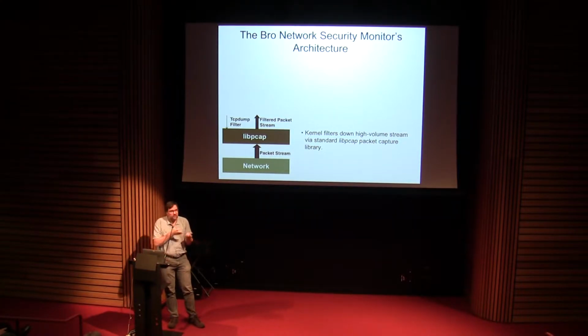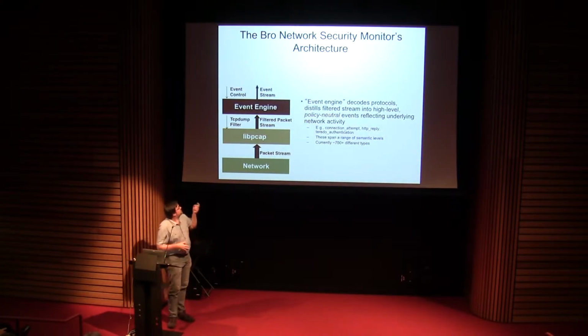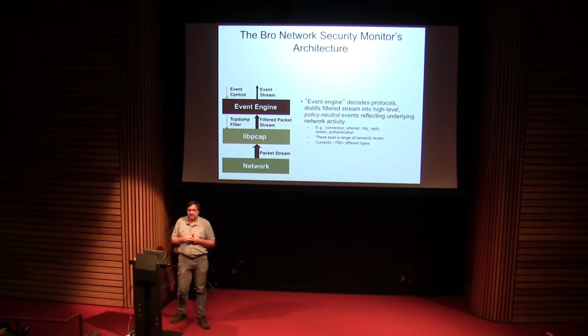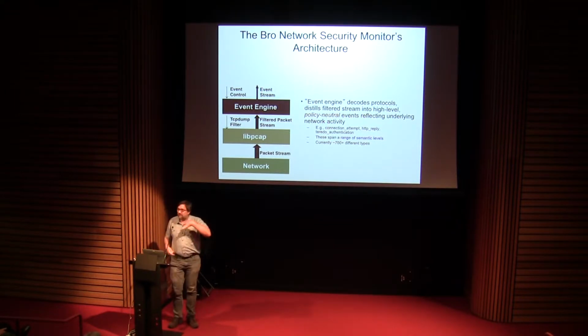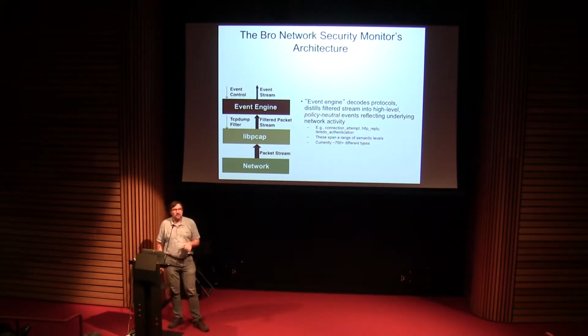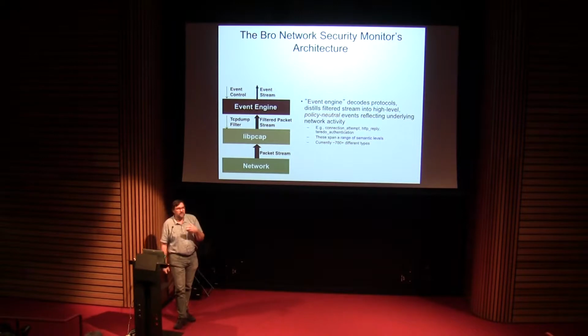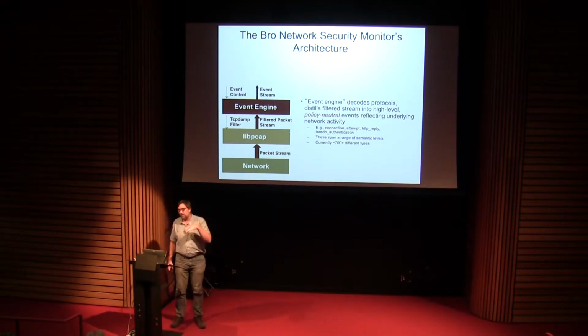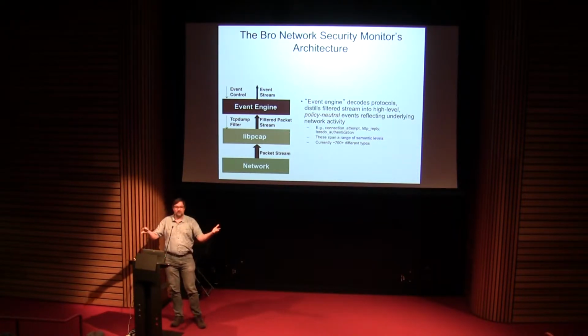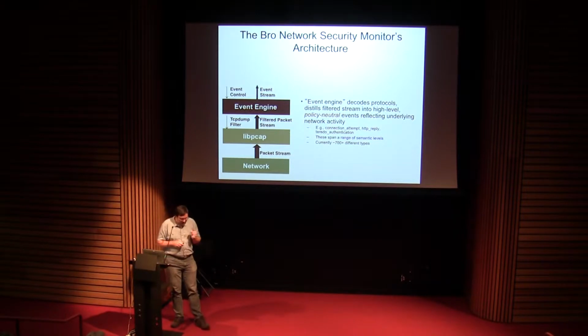And then that stream of traffic goes into what I call an event engine. And the event engine takes the traffic and pieces it together into events that describe activity. An event is something happened right now with the following characteristics. The key thing about these events is they are not making an assumption about this is a good thing or a bad thing.